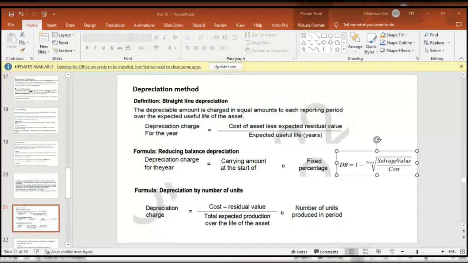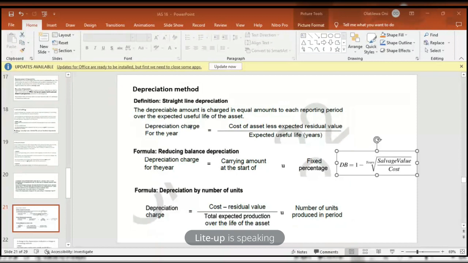They will give us what the useful life of the asset is. Remember, this question we are working on is not specifically designed for this matter. For instance, if they said the useful life of the asset is 5 years.